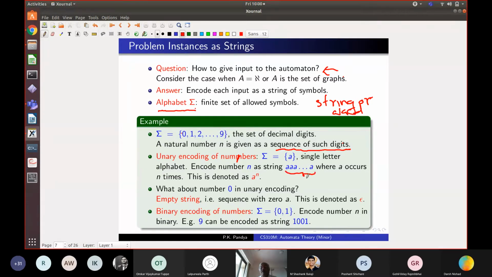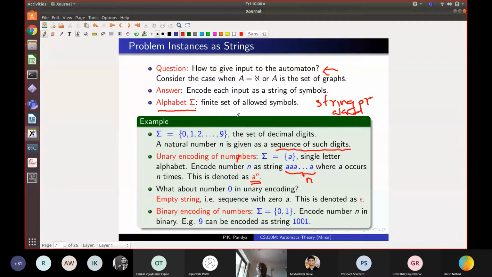Basically, we have A repeated n times. If we give this string, the computer will understand that this represents number n. This is called the unary encoding of a number. And this AAA occurring n times is written in short by A to the power n, which denotes n repetitions of the letter A. I hope this notation is also clear to you.